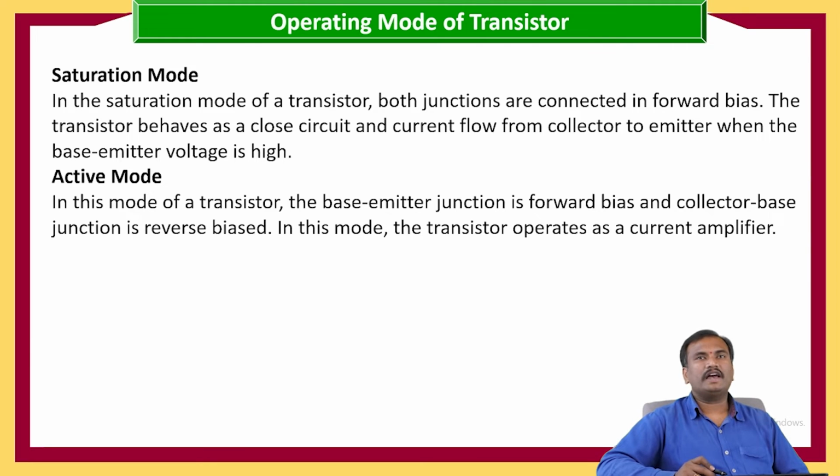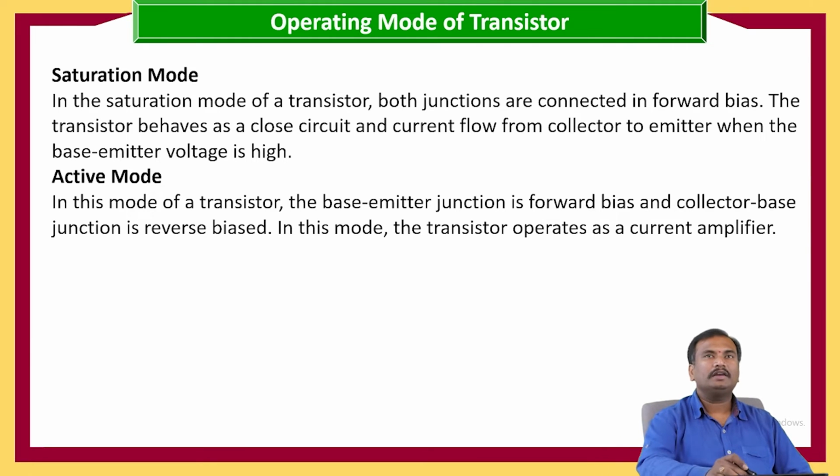The next one is saturation mode. In the saturation mode, both the junctions are forward biased. The transistor behaves like a closed circuit. Current flows from collector to emitter when the base to emitter voltage is high.